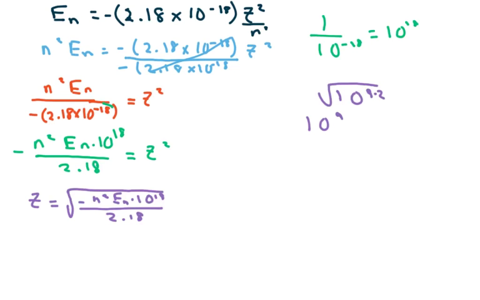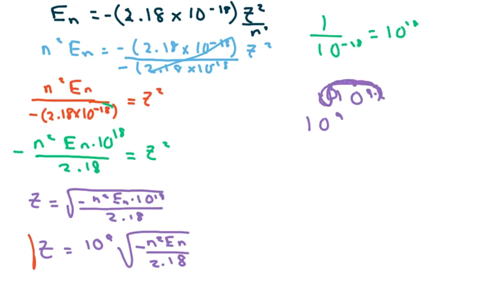You can pull out 10 to the 9th because the square and the square root cancel. So you just get 10 to the 9th, and we can pull that out. That means answer A was correct. So that's the answer there.